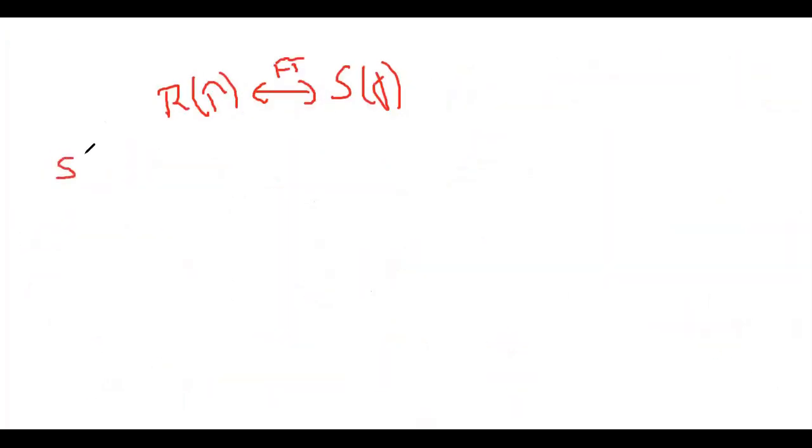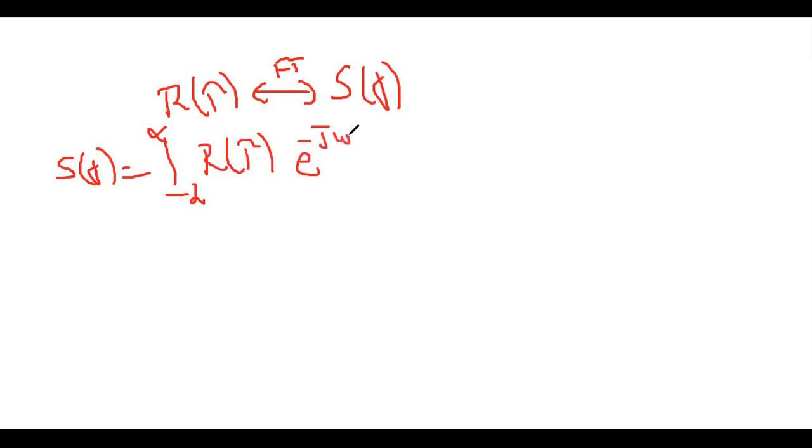So S of f is equal to, the Fourier transformation formula is saying, integral from minus infinite to infinite R of tau e power minus j omega tau d tau, my dear students, because it's t only, the d tau. So omega is nothing but 2 pi f here.